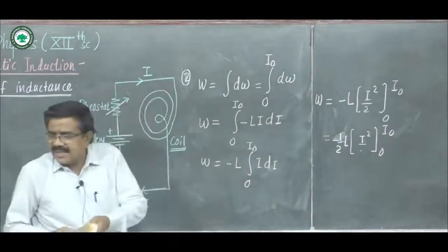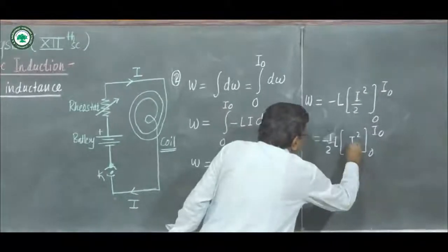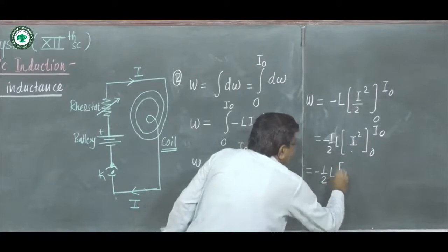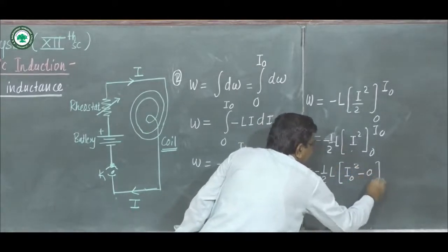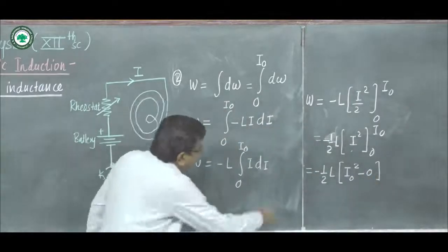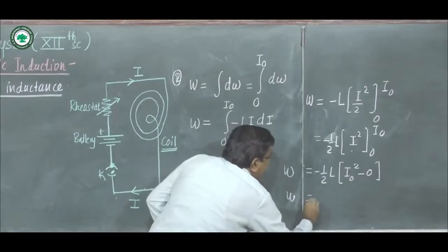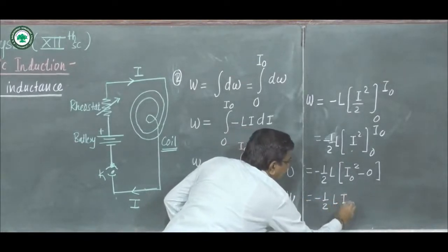Substitute the upper limit, that is I0, and then the lower limit. So it is minus 1/2 L, I0 square minus 0. Hence this work is minus 1/2 L I0 square.